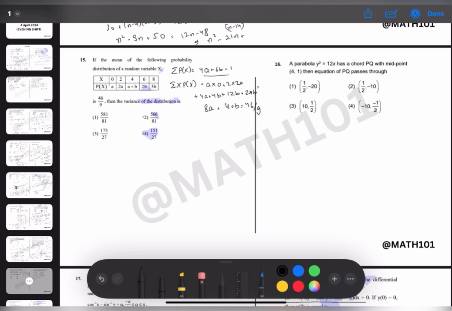Solving this equation and this equation, we get a equals 1 by 12, b equals 1 by 9.